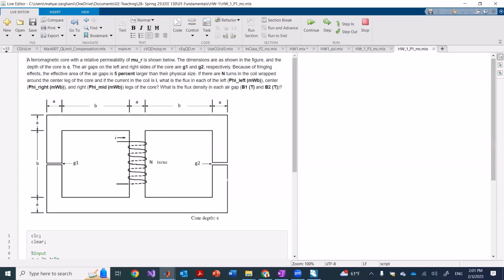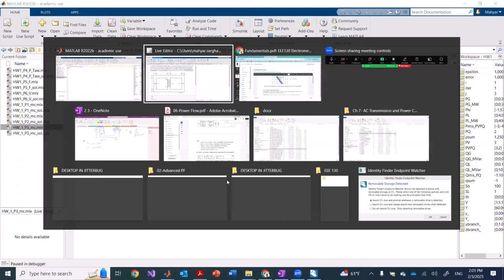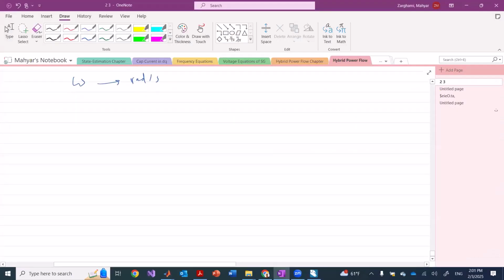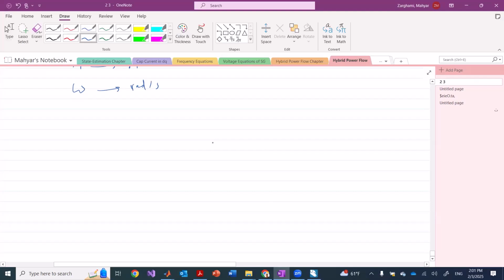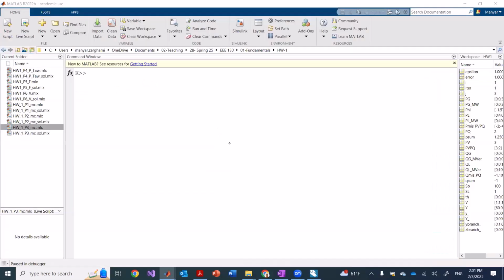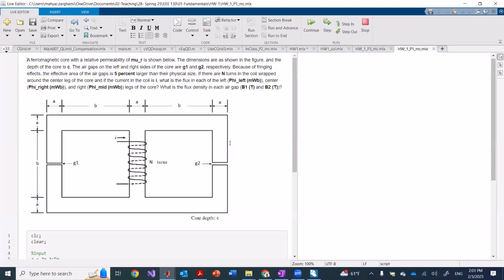Right. So if you want to do this problem, we can basically look at it from this perspective. The magnetic circuit would be as if you have a source magnetomotive force in the middle, and then there would be a reluctance in the middle. The whole left-hand side, this side plus this side, would be basically one reluctance, and then it comes in series with the reluctance associated with G1, right?